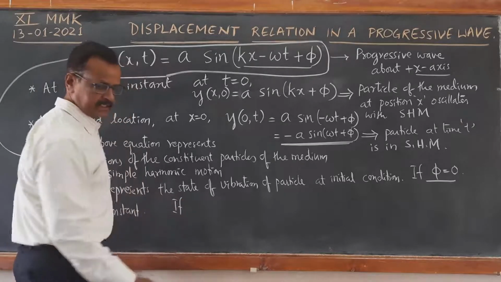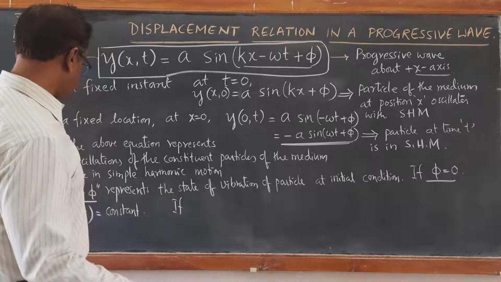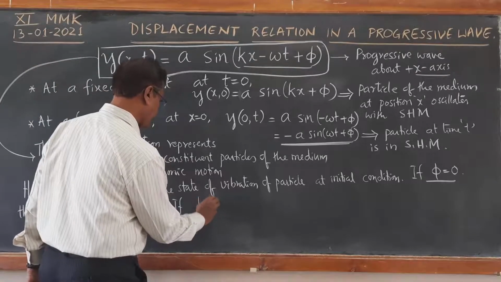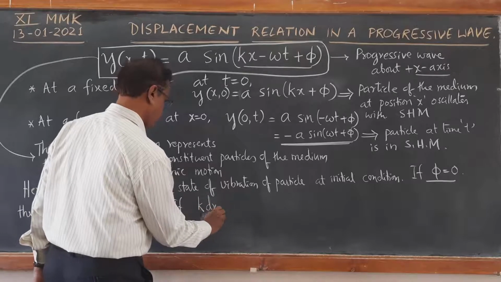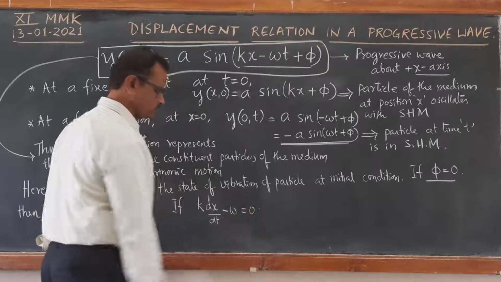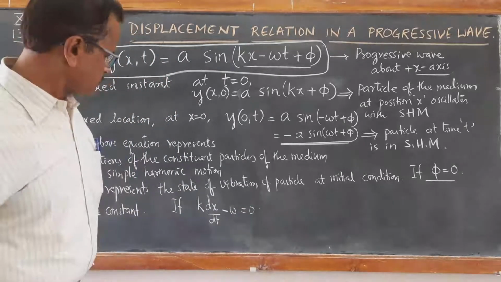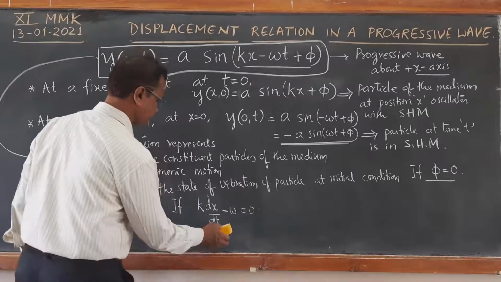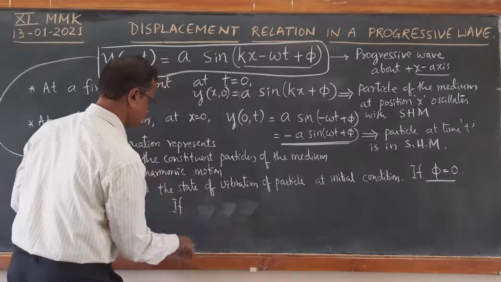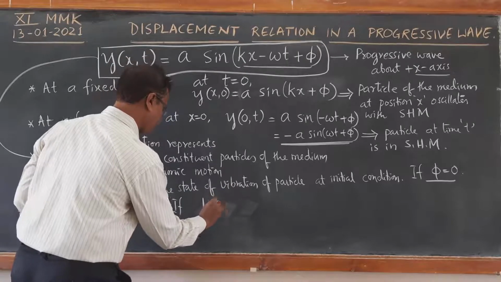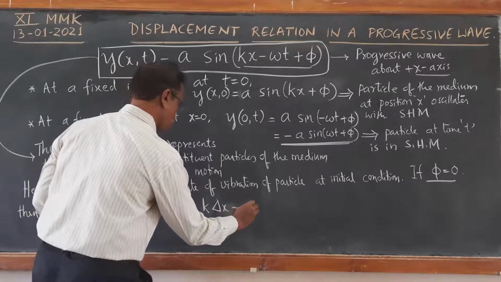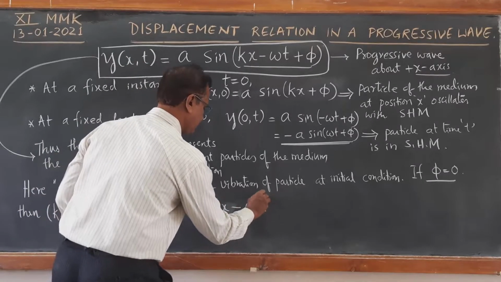Differentiating with respect to time, we get k dx by dt minus omega equal to 0, or you can better write it as k delta x minus omega delta t.